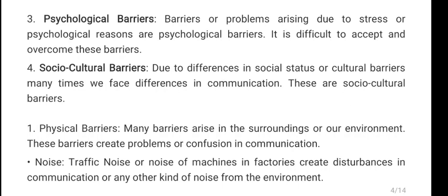And what are these barriers? First, noise. Traffic noise or noise of machines in factories create disturbances in communication, or any other kind of noise from the environment can disturb communication process. So the first kind of physical barrier is noise arising from the surroundings.